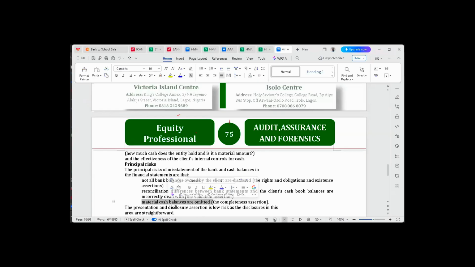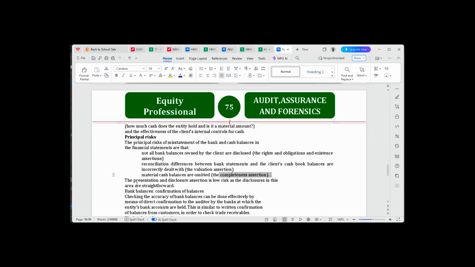So that leads to what we know as incomplete information that will now be tested as a completeness assertion. Because in accounts, you only record when there are documents. When there are no documents, sometimes it becomes very difficult to record. Okay. Those are some of the risks that can be faced when you are dealing with bank and cash balances.